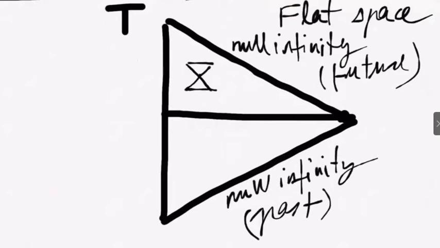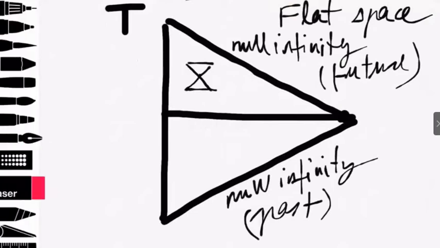What does this mean? This means the following. If your life starts somewhere here, this is you being born, you will have an interesting or plain life, and at some point you will die.